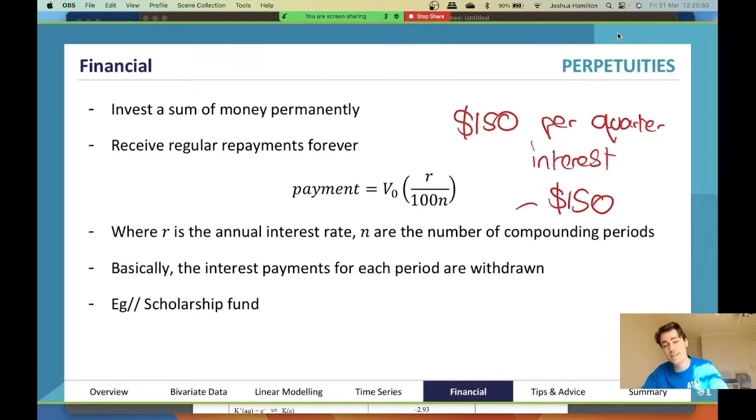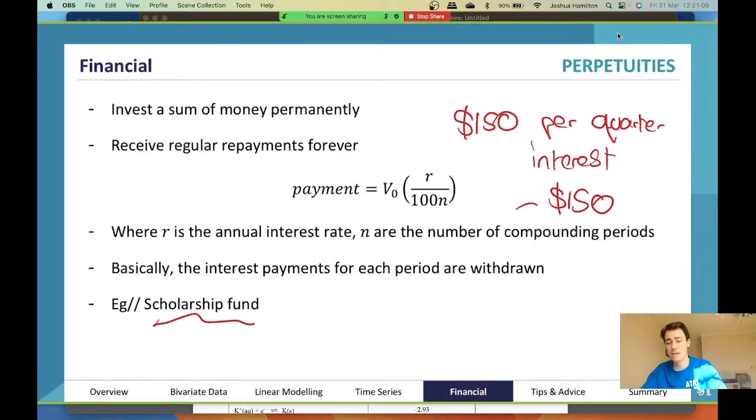So you're always going to earn the same amount of interest no matter what. It's just you're going to take that interest out every time. It's still compounding and it should be different, but because you keep the principal the same every time, it never changes. Really common example of this is scholarship funds.